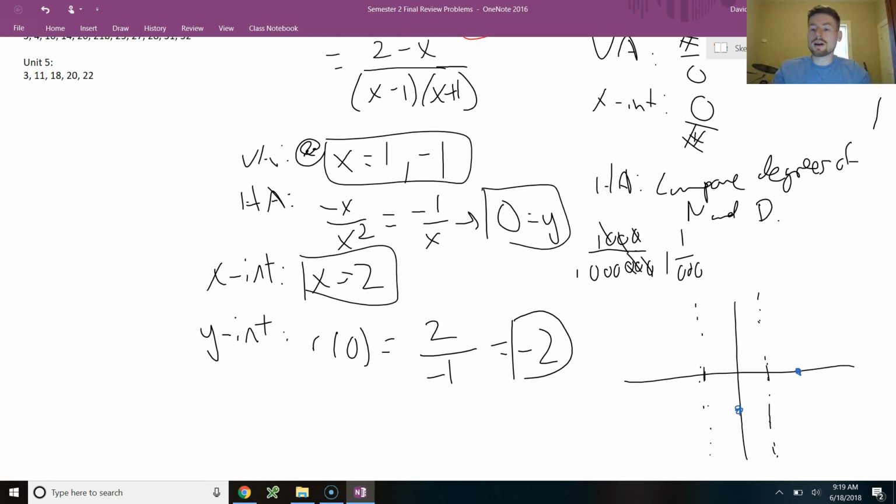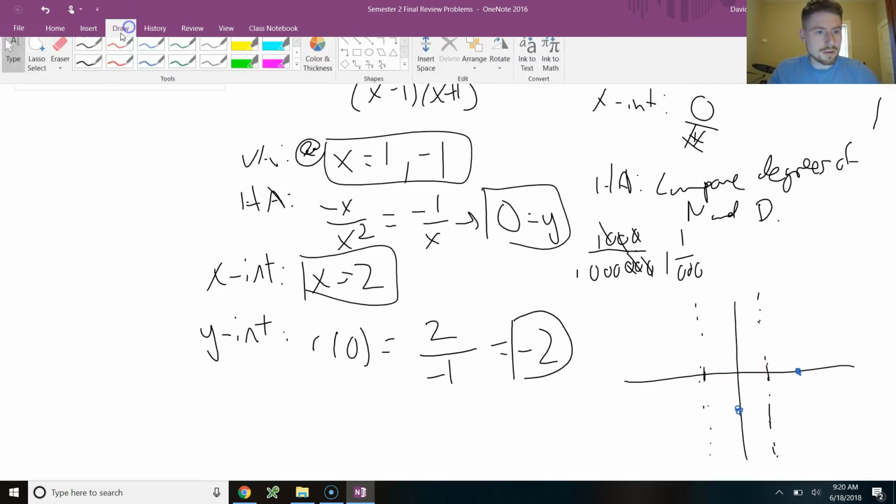And now we have to use some kind of logical reasoning to figure out what this function is going to do. We know that it approaches the asymptotes when the function gets close, so it's going to kind of squeeze close to those asymptotes. The first one I'm going to look at is this middle section of graph around that y-intercept. Now we know that it can't cross in the middle.